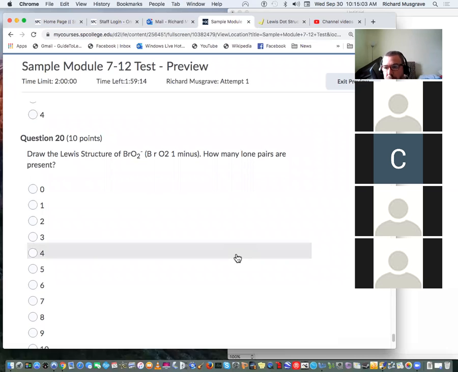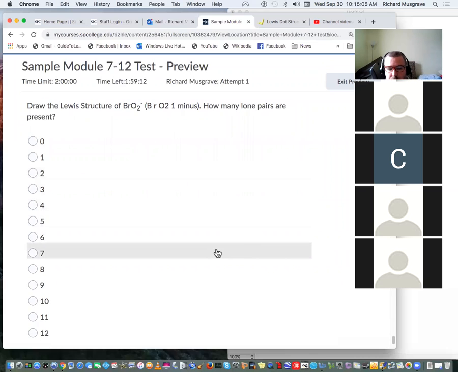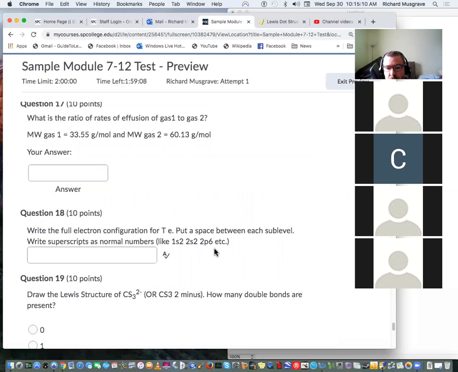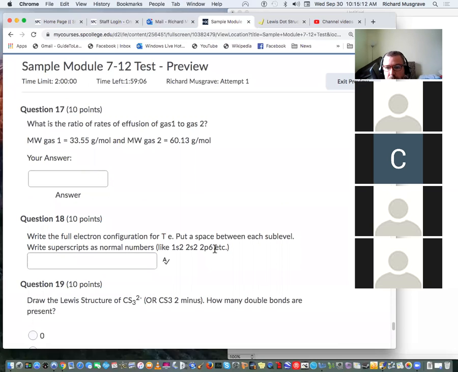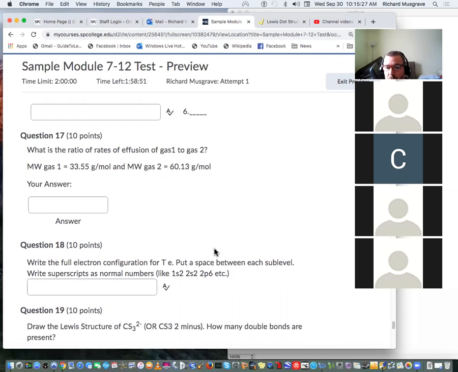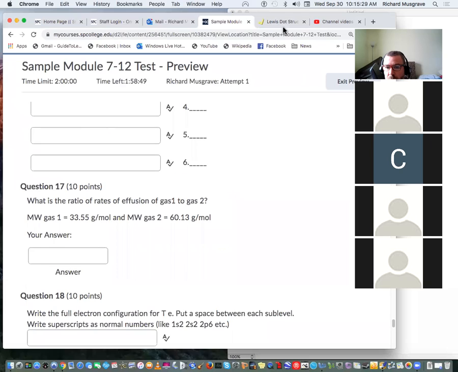All right, does anybody have any questions? Okay, so does anybody have any other Module 12 questions that they want to ask about or talk about? Will the test be covering example 11 and coordinate covalent bonds?